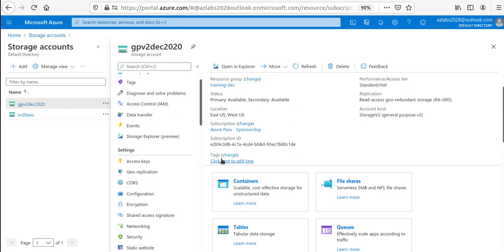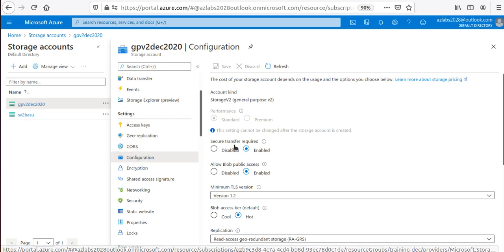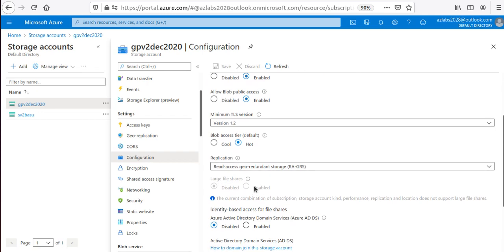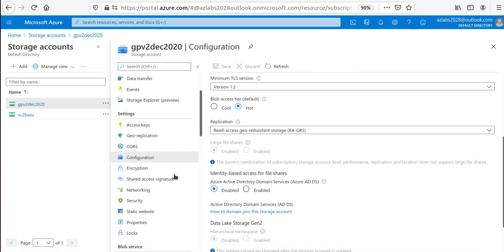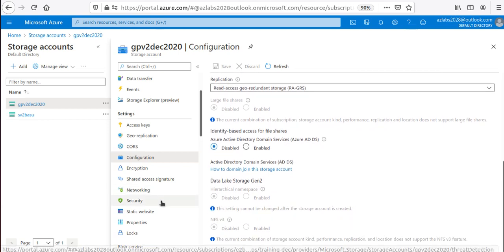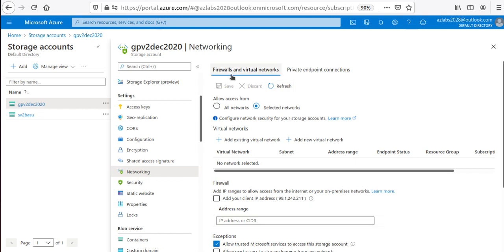If you look over here, you can go to configuration to look at some of the security, like secure transfer, minimum TLS, and replication for high availability. Here is the role-based access control if you want to use it. Then through networking, you can also restrict access to a private network and only allow access to the storage account through particular subnets.